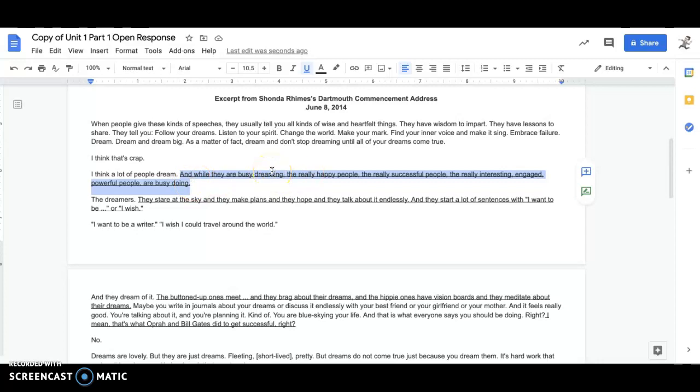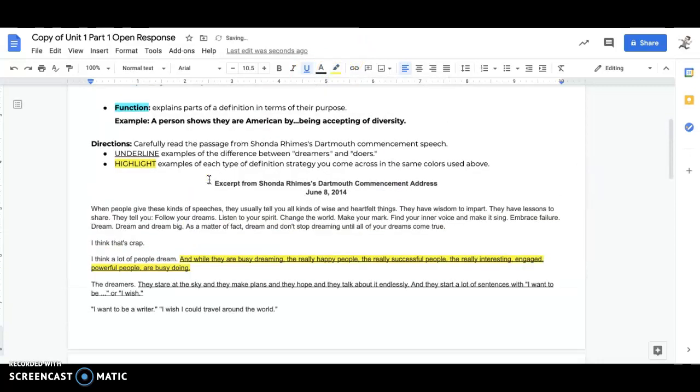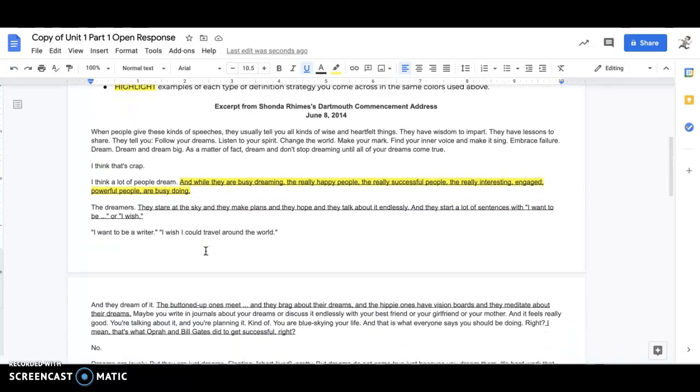And in order to do that, she's talking about different types of people that fit into that category of doers: happy people, successful people, interesting, engaged, and powerful people. Because of all of that, she's splitting the definition of doers up into groups. So I'm going to highlight that one in yellow because that is an example of classification. Separating what is defined into groups or classes.